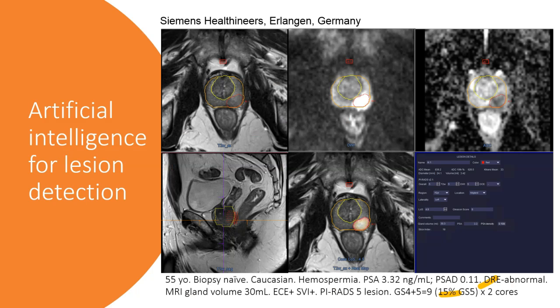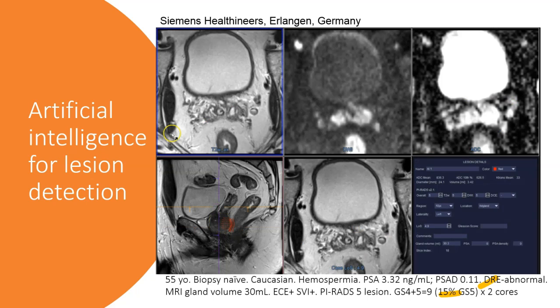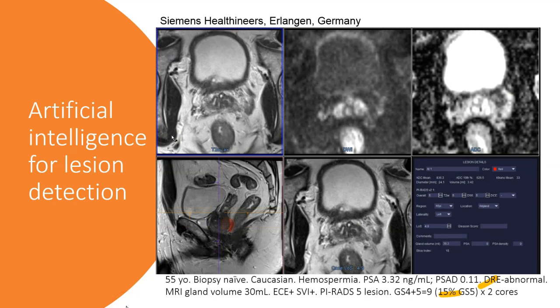Let me just show you an example of a 55-year-old man who has a low PSA of 3.3 but is known to have a left-sided Gleason 9 prostate cancer, which you can see on this image. Now, if we stage this man, we can see that there is seminal vesicle invasion.